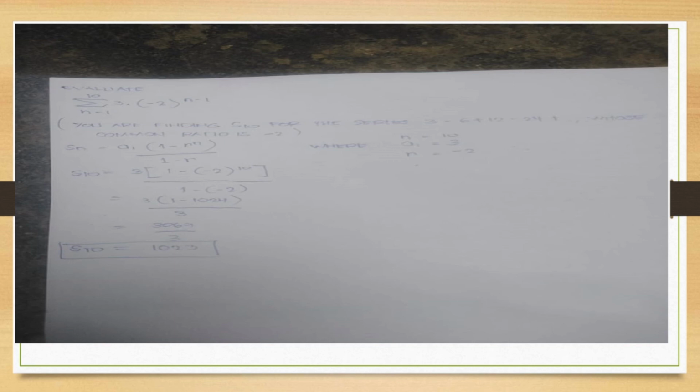And here's the solution. 3 times the quantity of 1 minus 1024 all over 3 is equal to 3069 all over 3. Simplify: S10 is equal to 1023. That's your final answer.